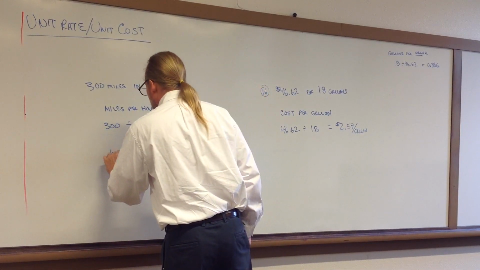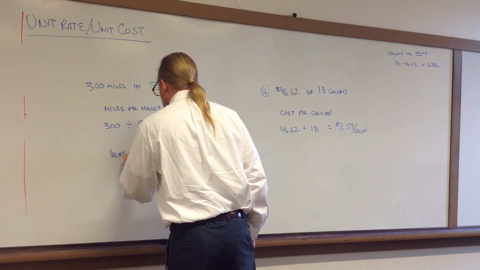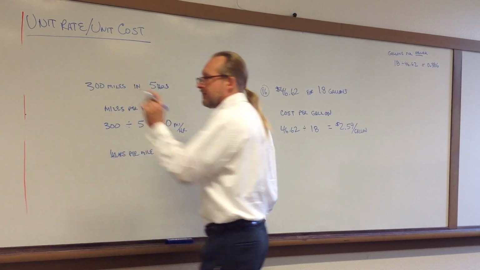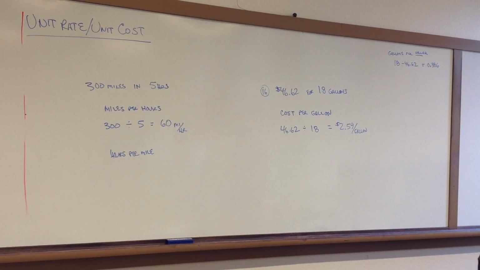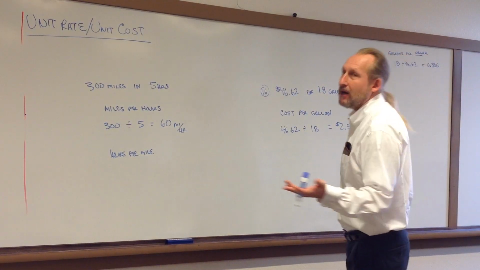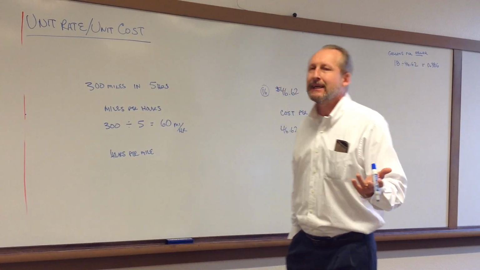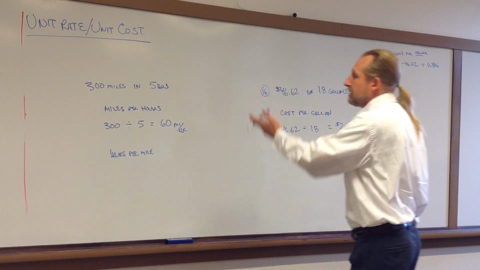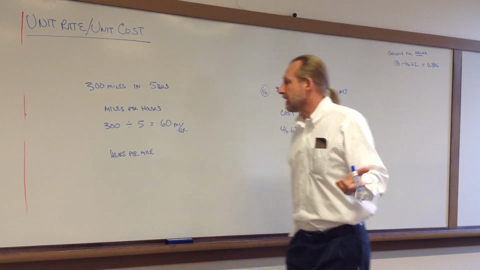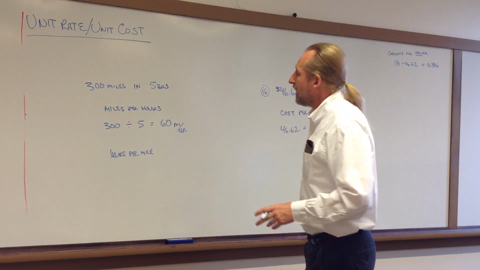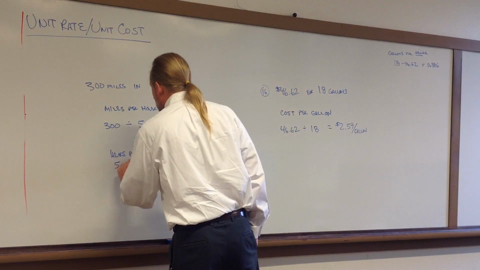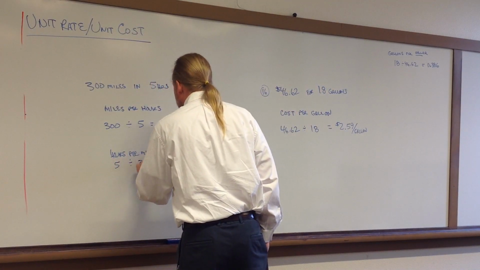Now if you want hours per mile, now think about this for a minute. Hours per mile, how long does it take to drive a mile? It doesn't take that long. In fact, 60 miles an hour is a mile a minute. Okay? And so this is going to come out hours per mile if we do 5 divided by 300.